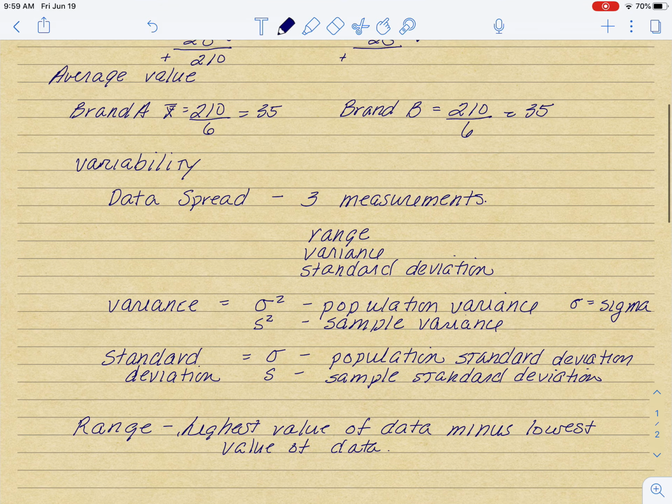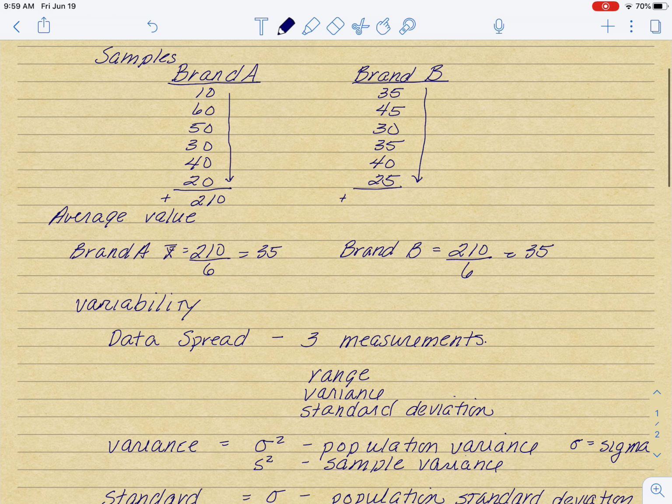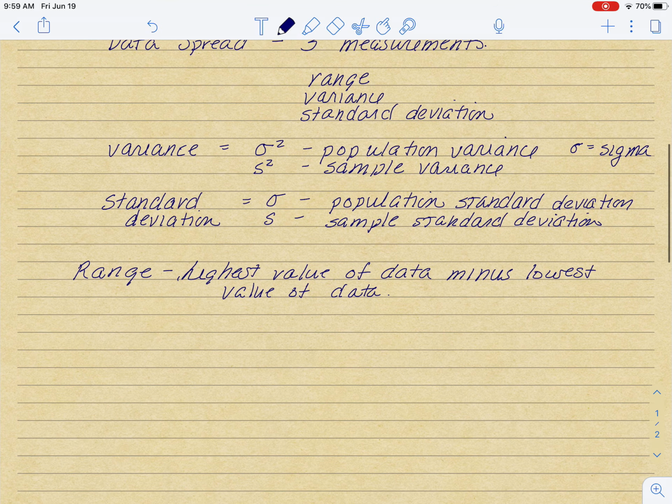Okay, so if we look at this data set that we had up here, brand A and brand B, let's look at brand A. The highest value is 60 and the lowest value is 10. So the range for brand A is 60 minus 10, or 50 months.